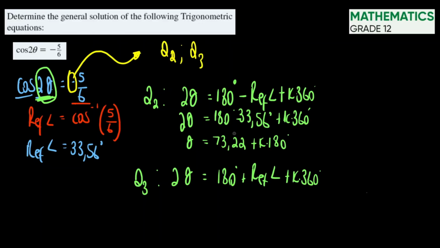The step of dividing by 2 is very important, and a lot of learners make that mistake and forget that you also need to divide the 360 to make it 180. And that's our first solution.